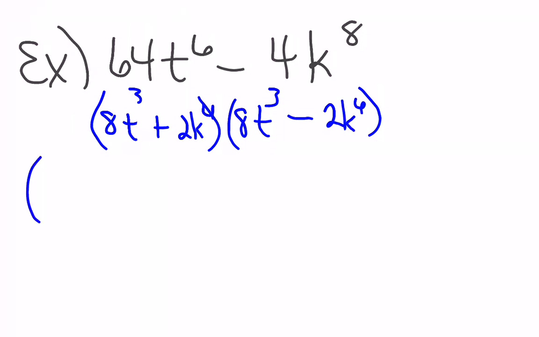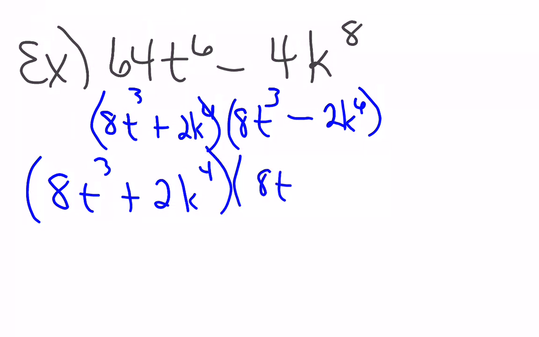So I didn't give myself much room in there. Let me rewrite it. So we have 8t cubed plus 2k to the 4th times 8t cubed minus 2k to the 4th. Why did I write 6? I meant 4. Let's try that again.